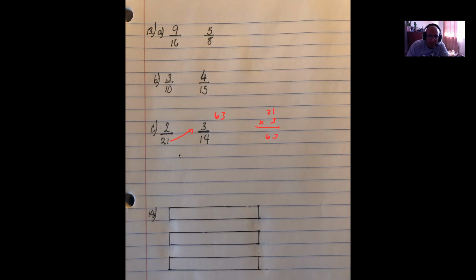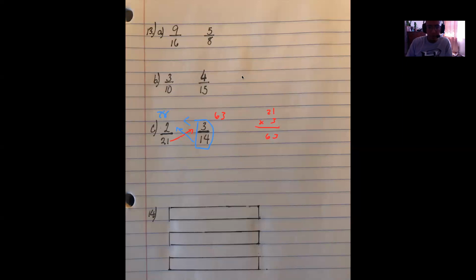Good. And 14 times 2, which is 28. So obviously, 63 is larger, so 3/14 is greater than 2/21. Pretty simple. Cross multiplication, a great method, or find the least common denominator and compare your fractions like that.